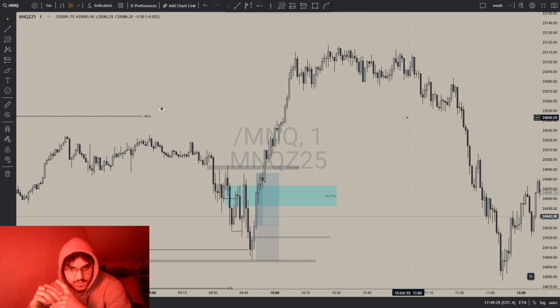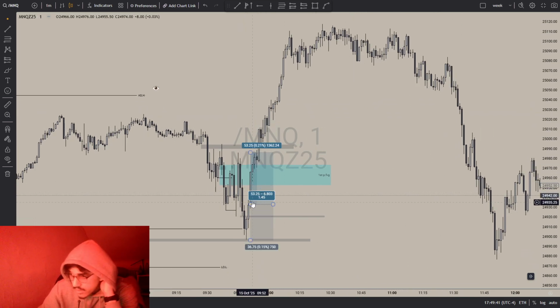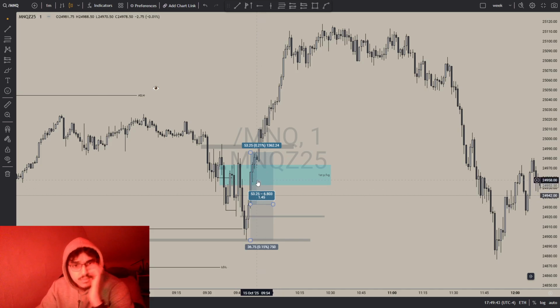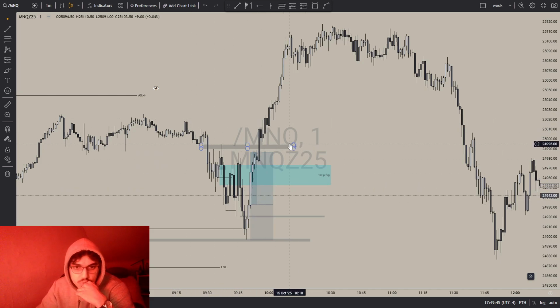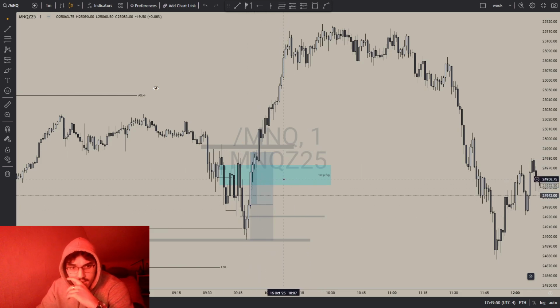I don't know how to explain it. I feel like my brain is hurting, it's bad for me. I don't like it. So I just do 1 to 1.4, maximum 1 to 2, and then exit the trade. In this little trade I actually made 800 something, so I don't need this whole move.